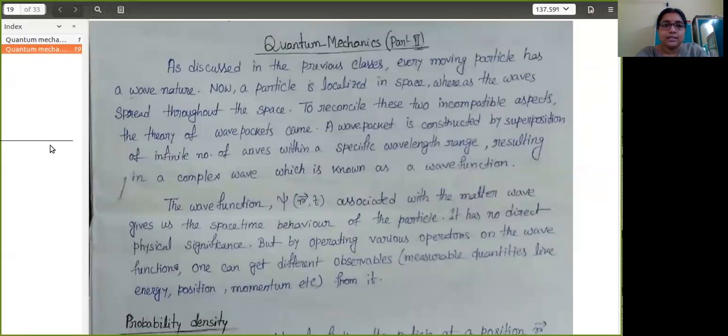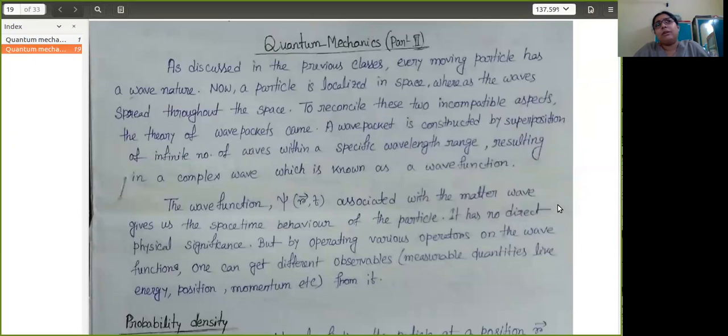So as discussed in the previous classes, every moving particle has a wave associated with it. Now these waves will not be any ordinary waves. These will have some specialty.